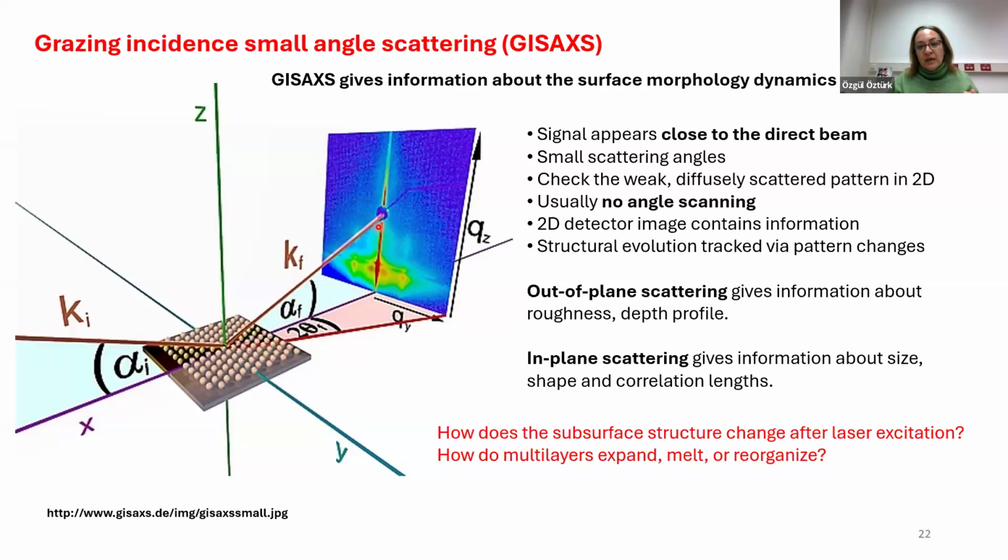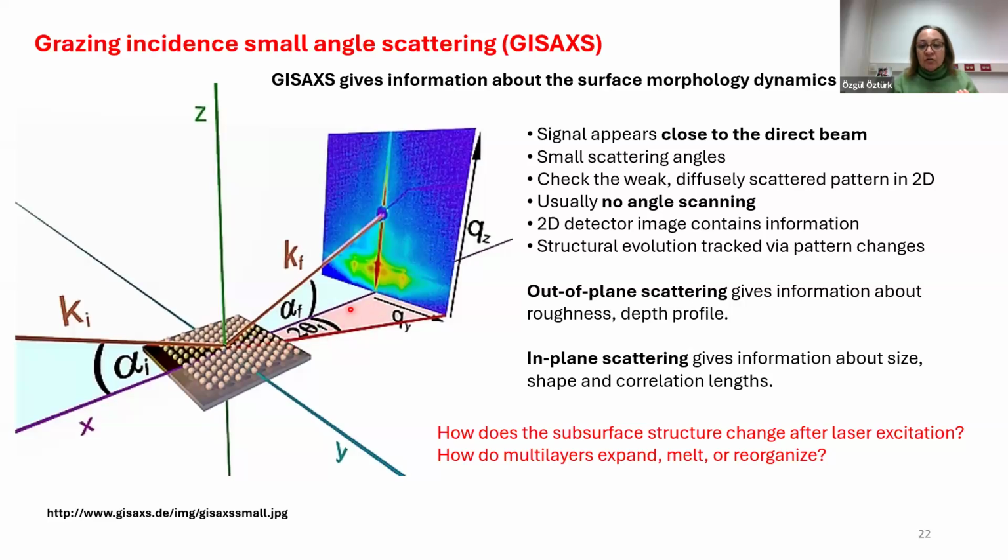You don't usually make an angle scan, and you mostly check the weak diffuse scattering pattern on the two-dimensional detector. And you can track the structural evolution via pattern changes. This image here changes if you have a structural change in your sample.